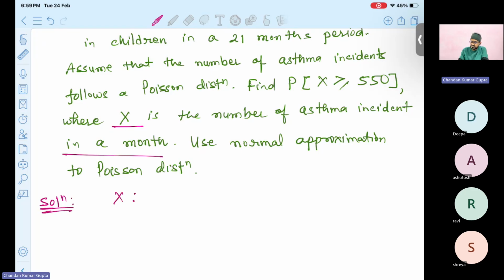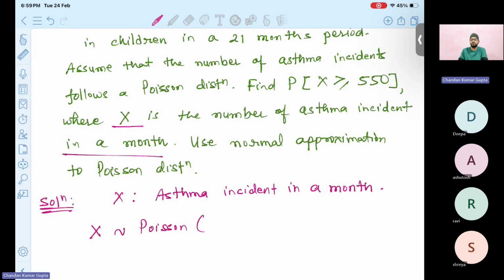So as you discussed, X is our asthma incidents in a month. This is the important point. In a month, we have a rate. So X is given as a Poisson distribution with the parameter value of what?